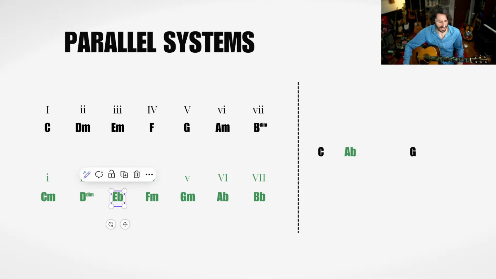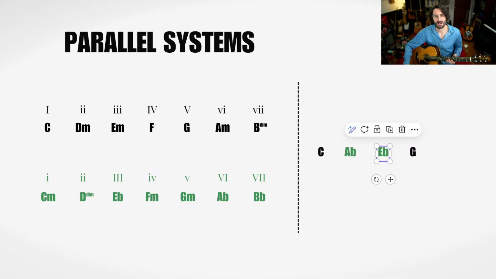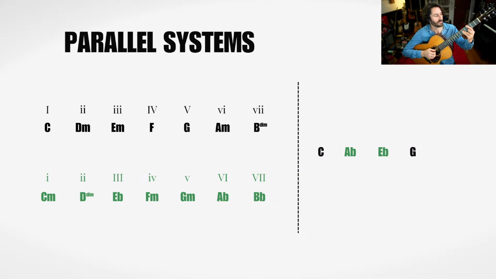If we put the E flat there, again, another great one. This is like rapidly testing different chord options, but all of these are working really nicely to create interesting chord sequences. We could use any of these to write a song with.